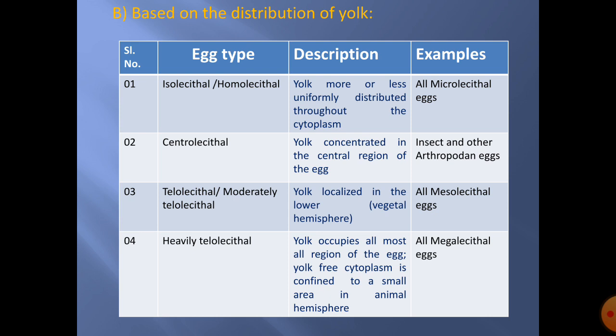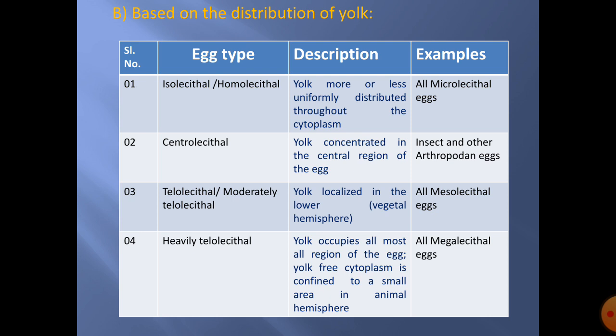Telo means tail, where whatever yolk is present, it is present more towards the vegetal pole. It accumulates towards the vegetal pole due to the density gradient. All mesolecithal eggs are invariably telolecithal eggs.